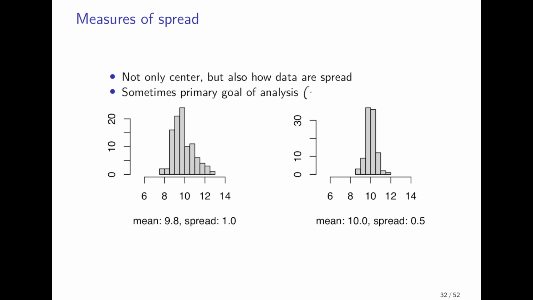So here I can add, for example, when designing or when calibrating a measuring device. So we'll have to come up with a number that measures the spread in our data set.